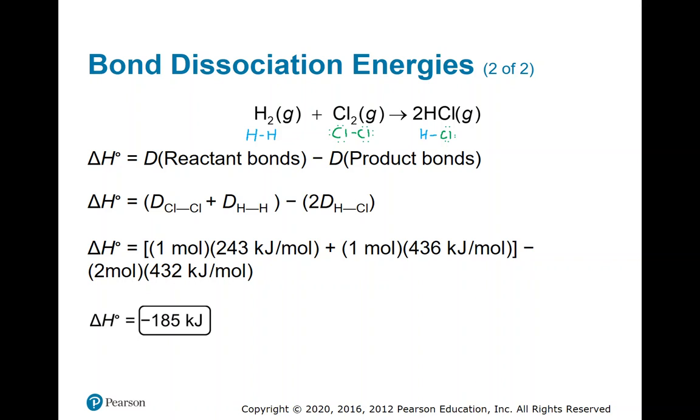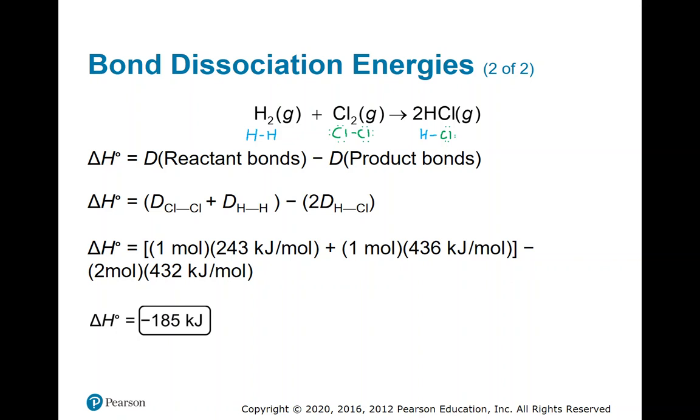Remember, with the enthalpy change for a reaction based on heats of formation, it was products minus reactants. Here we have reactants minus products, and again, that's just due to the fact that we're dealing with bond breaking energies when ultimately this reaction is we're forming bonds, essentially. So our reactant bonds are our chlorine-chlorine single bond and our hydrogen-hydrogen single bond, and our product bonds are our hydrogen-chlorine single bonds.